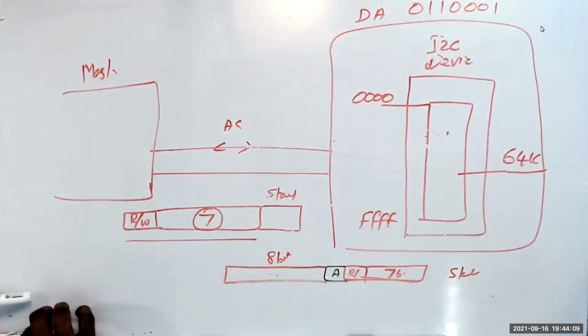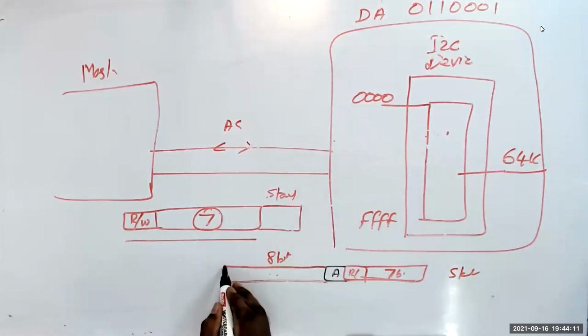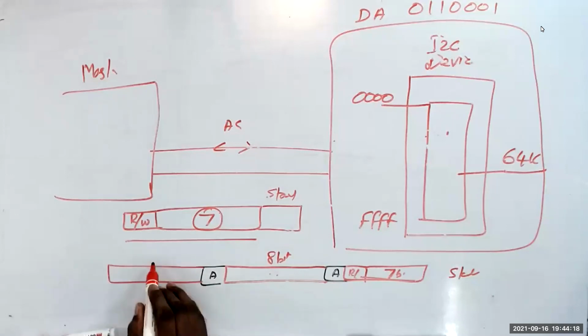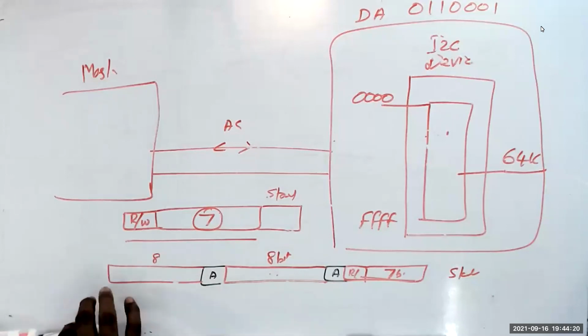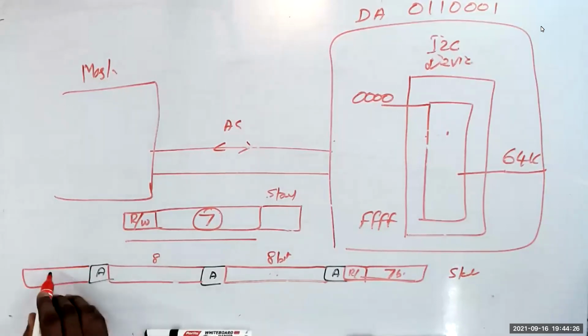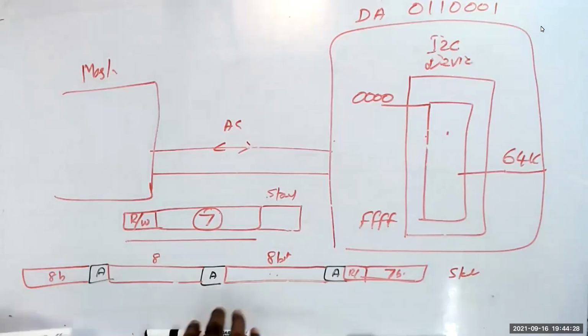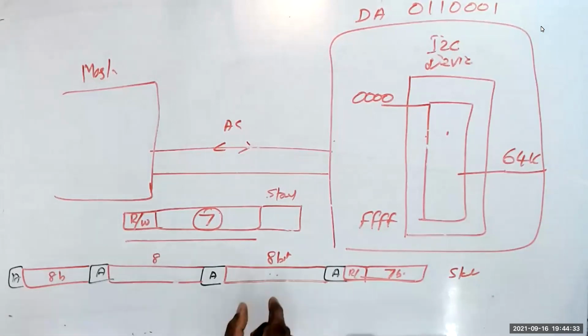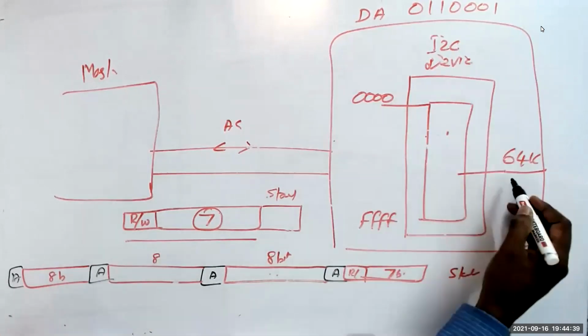Then the slave will give acknowledgement. Then once again I'll send 8-bit, the slave will give acknowledgement. Then I'll give once again an 8-bit, and the slave will give acknowledgement. I can send anything. Now, what is this 8-bit meaning? That depends on the device. In this case, our device is 64K RAM.